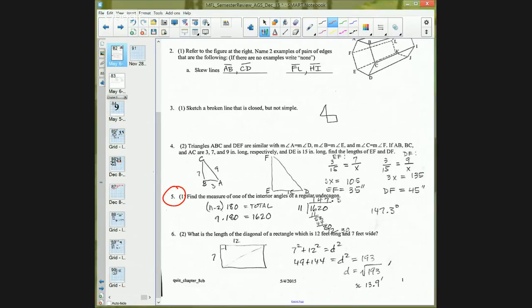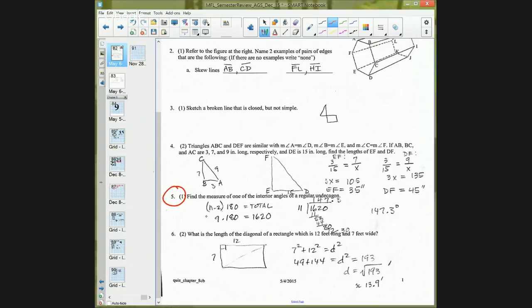It says find the measure of one of the interior angles of a regular undecagon. There's an excellent example of what in the world is an undecagon? Well, it's one of those from that list. It's the 11 side. So, the first thing, what did I do?